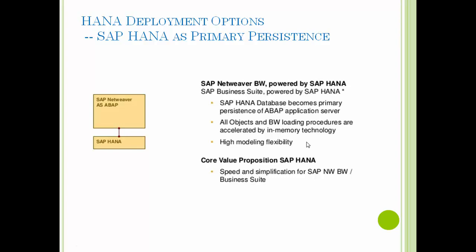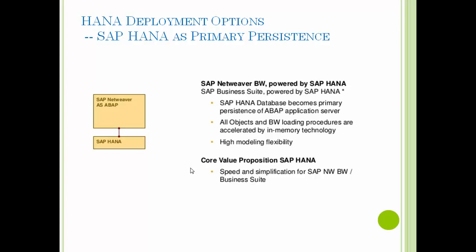This scenario also includes the SAP BusinessObjects Planning and Consolidation application, basically the version for SAP NetWeaver. And this implementation is available as of release 730 of SAP NetWeaver BW with support package level 5.